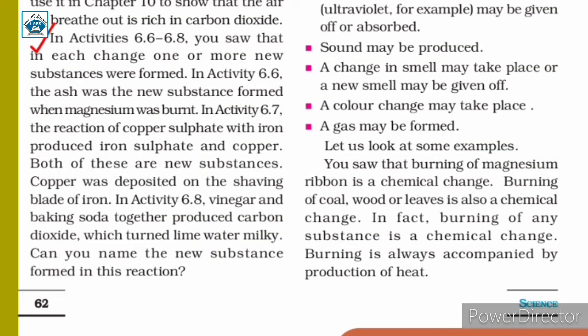In activity 6.8, when vinegar and baking soda were mixed together, gas bubbles of carbon dioxide were formed and this turned lime water milky. So here we are asked the name of the new substance formed in this reaction. Calcium carbonate was the new substance formed as a part of this chemical reaction.